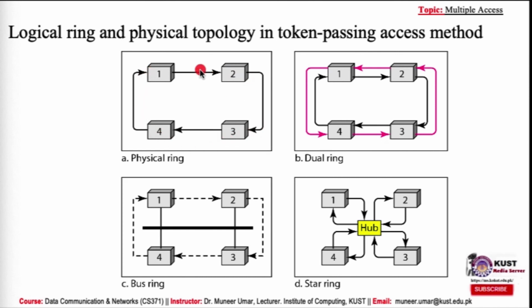In the ring, there are two things, the predecessor and successor. The predecessor is the station which is logically before the station in the ring. So for 2, the predecessor is 1, while the successor for 2 is 3, which is after 2.